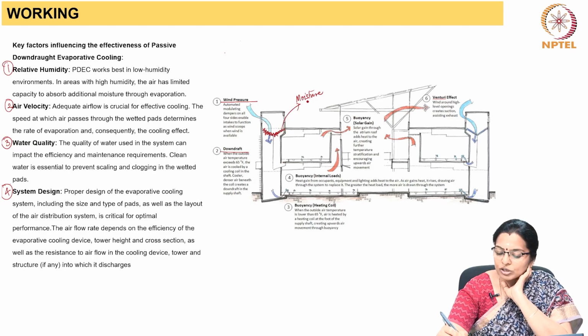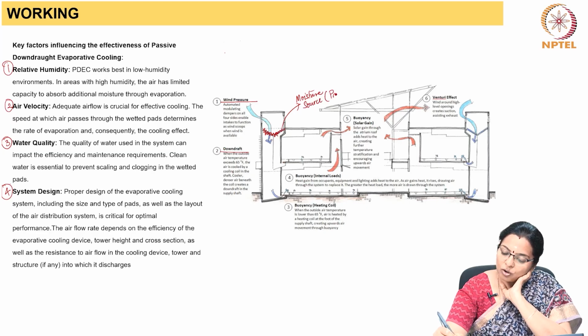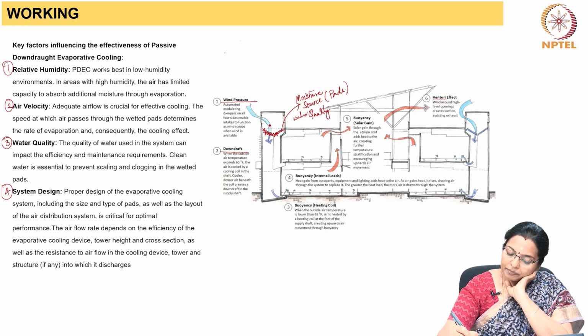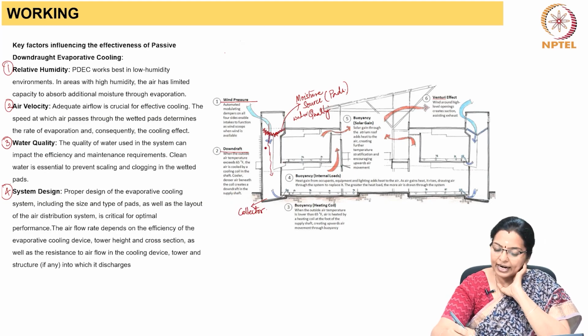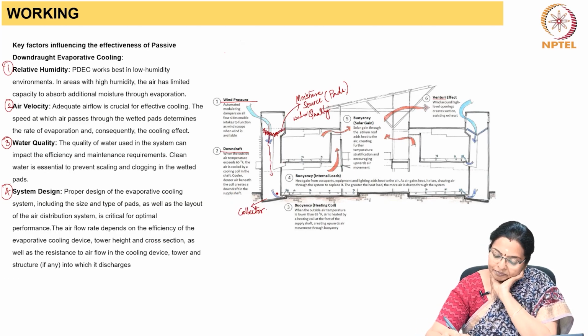I will say the moisture source could be pads or nozzles with good water quality, and the wind pressure based on that comes, and then there has to be a good collector of the extra water that comes from the mist.